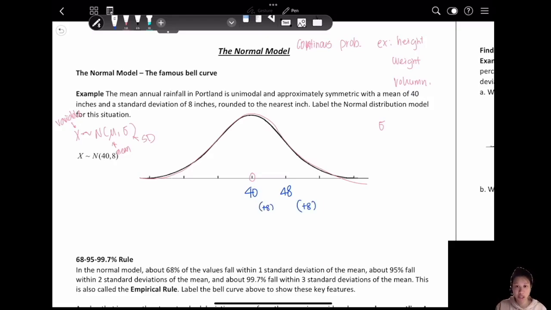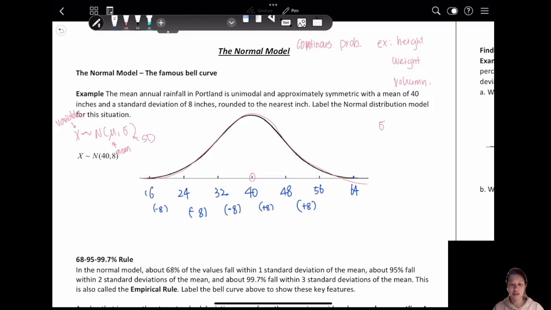This is called 2 standard deviations, which is 56. Then the third standard deviation, you add 8 from the second, so I have 64. To the left, we subtract 8, so we have 32. Then we subtract another 8, we have 24. And we subtract another 8, we will have 16.